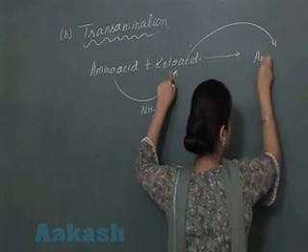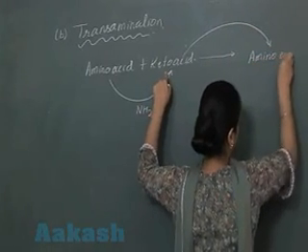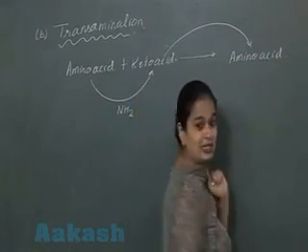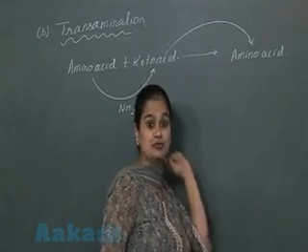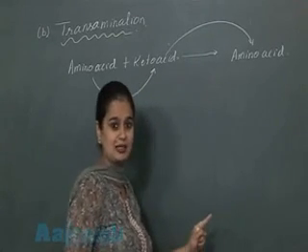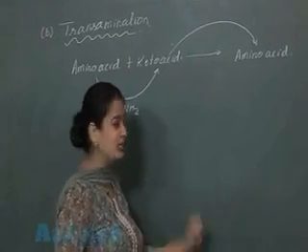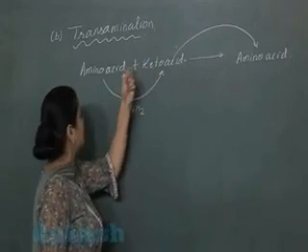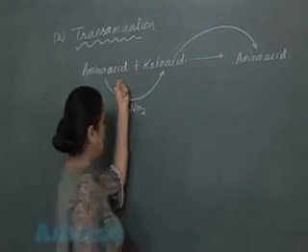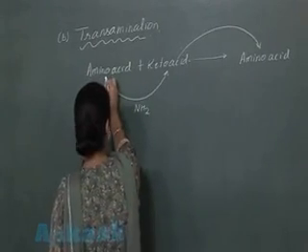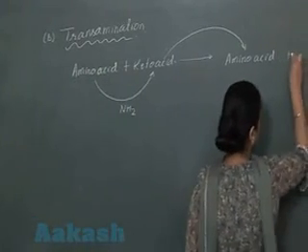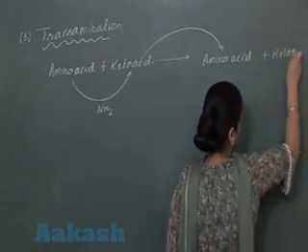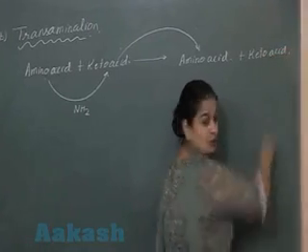After accepting the amino group, now the keto acid is converted into the amino acid, and the keto group of keto acid is accepted by the amino acid, so it means now the amino acid is converted into the keto acid.